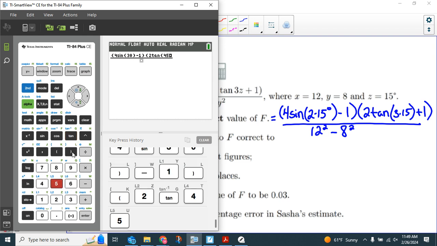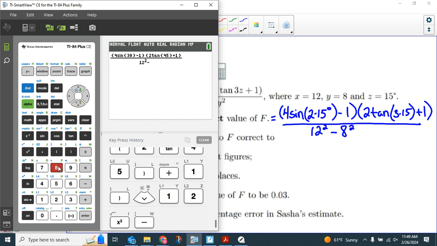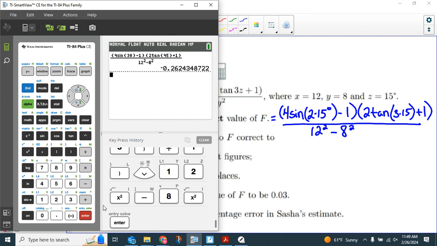Again, 3 times 15 or 45, close that parenthesis, +1, close that parenthesis, and then all over 12 squared minus 8 squared. Of course, similarly, you could have just said 144 minus 64. Either way, totally fine. We hit enter and got some funky answer.